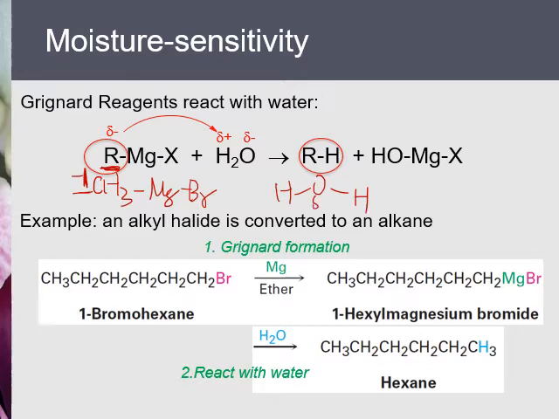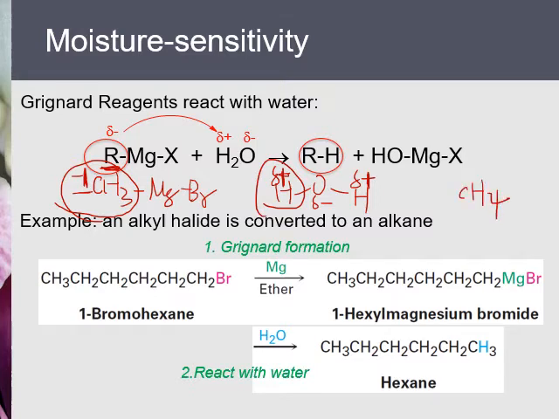Oxygen has a negative charge. Hydrogen has partially positive charge. So if the system contains a Grignard reagent with water, this negative charged carbon, which is carbanion, will combine with a positive charged hydrogen, forms a methane.